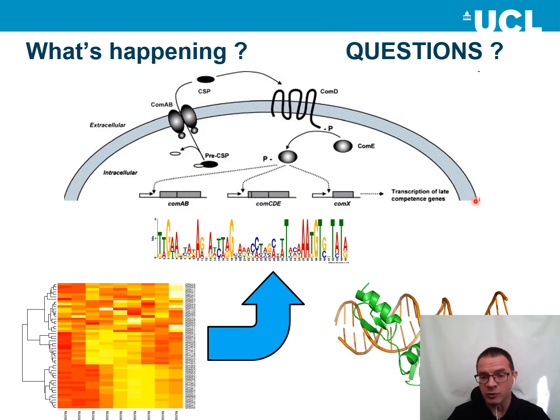Streptococcus pneumonia is a bacteria that causes pneumonia, and part of the mechanisms it uses to become pathogenic is this quorum signaling pathway, where it expresses from one of its genes, the COMP gene, this small peptide, competent stimulating peptide, which it then has a receptor for, which then activates its positive feedback, the higher expression of itself.